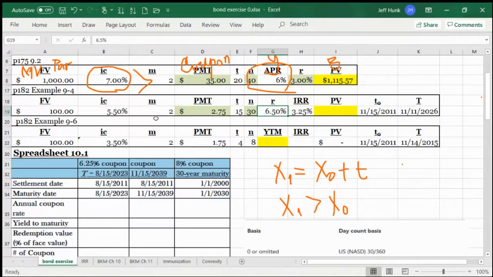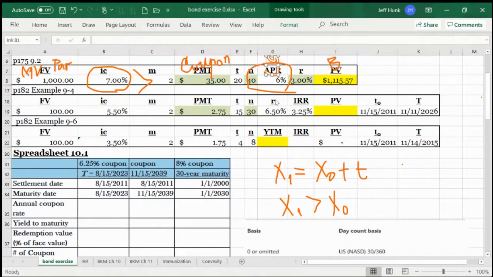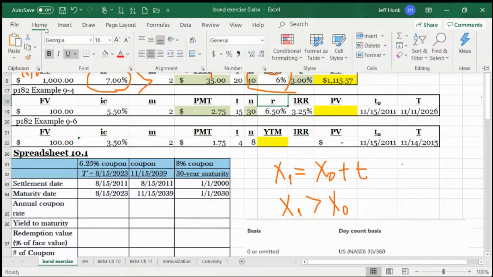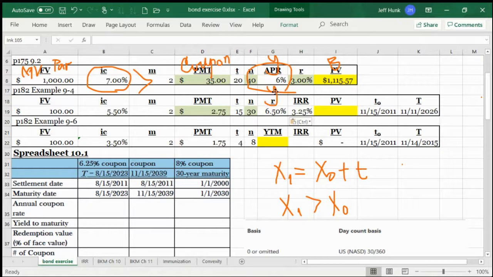And here it's R, but I used, okay, let me copy that. R is usually the notation for the half-year rate, but here it is the full-year APR, the same thing as APR.